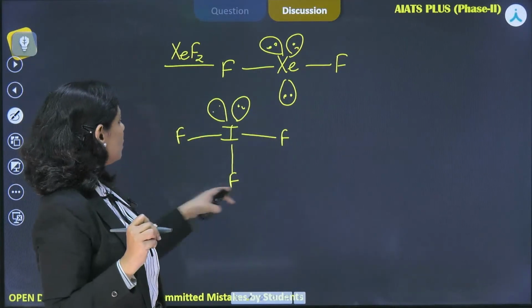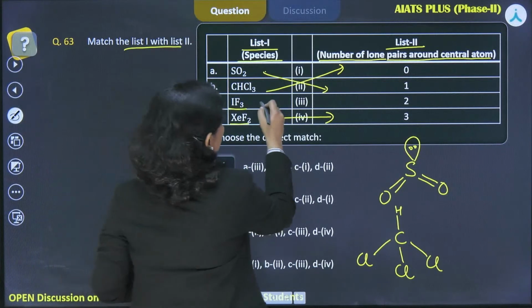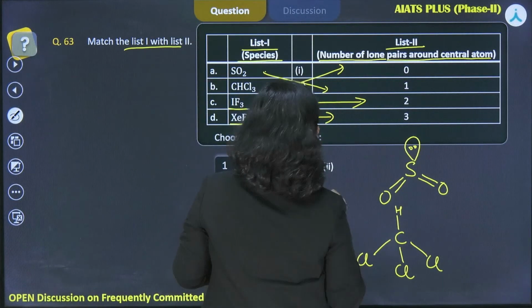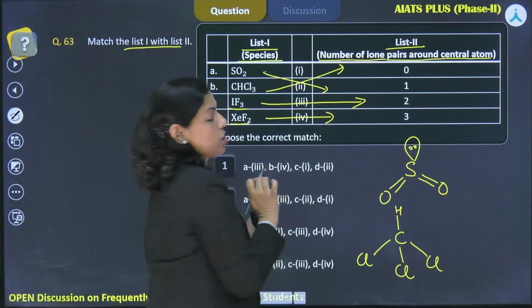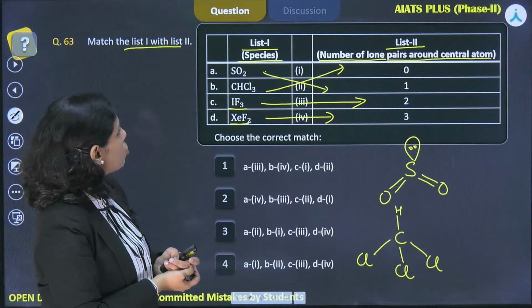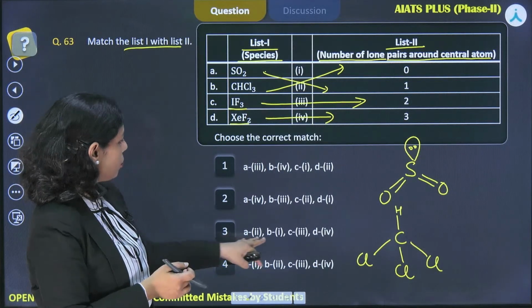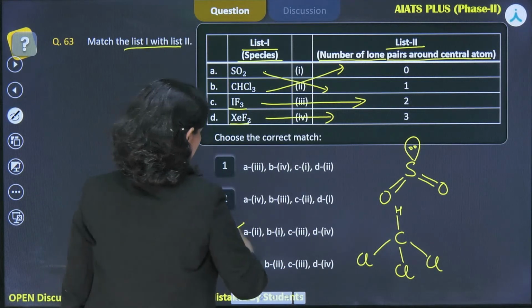So, this could also be the way, okay? Now, IF3 has 2 lone pairs, yes. So, I have just matched it. Now, what would be the right answer this way? A2B1, A2B1, C3D4. Third option is the right answer.